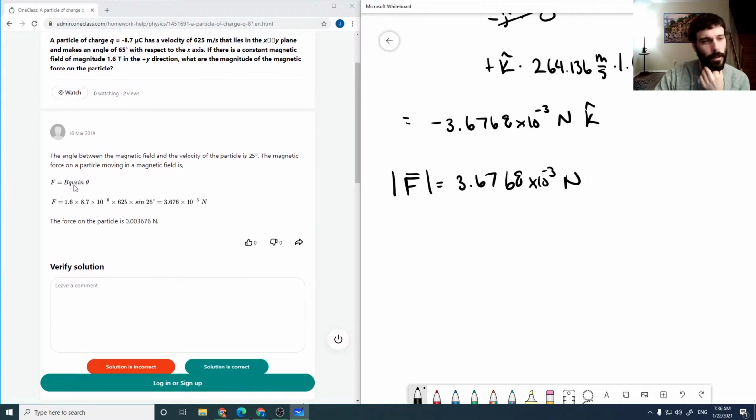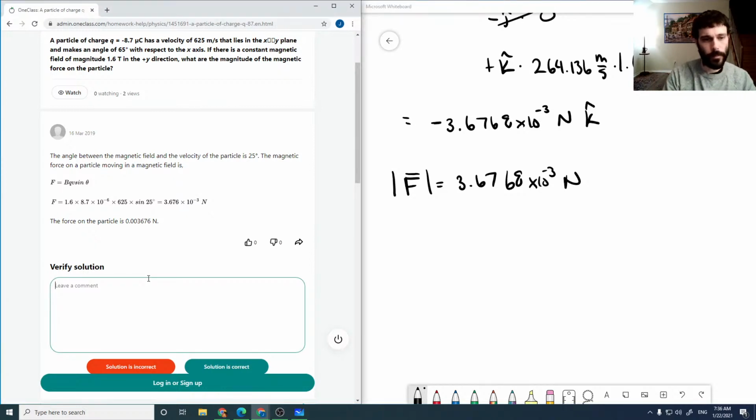Alternatively, as they've done, we could have expanded the cross product as a sine theta and determined the angle between the two. That could have been done as well, which is what this person did, and so this is still correct.